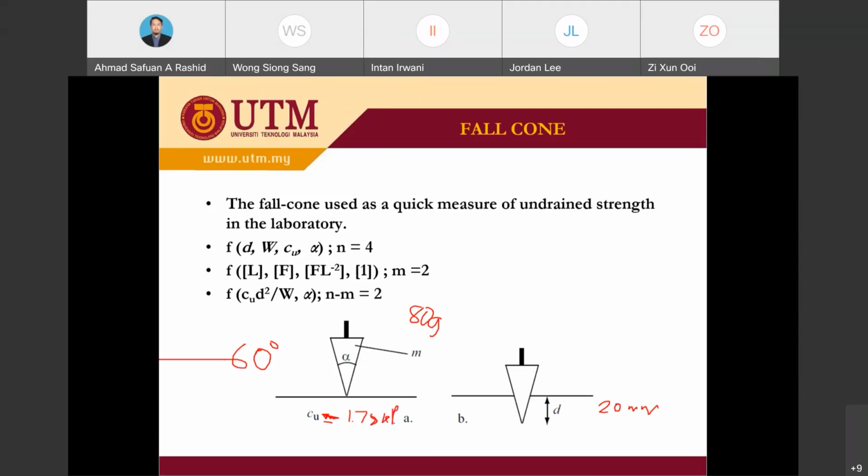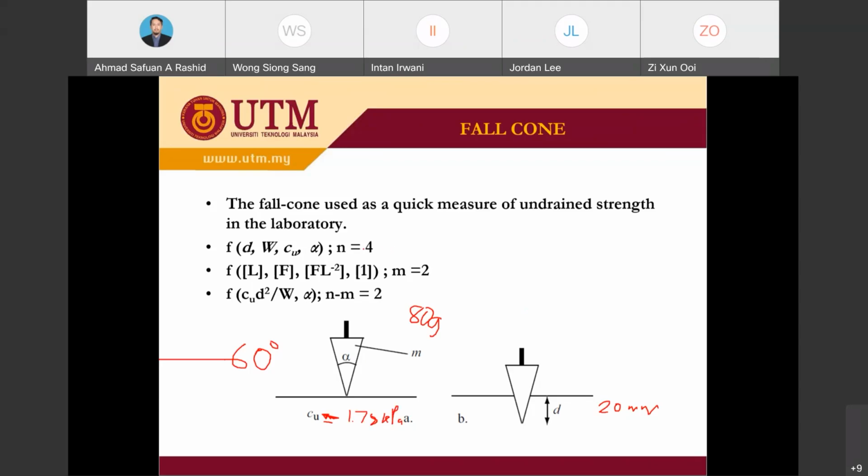So these are the important parameters for the fall cone method in determining the undrained shear strength of the soil.